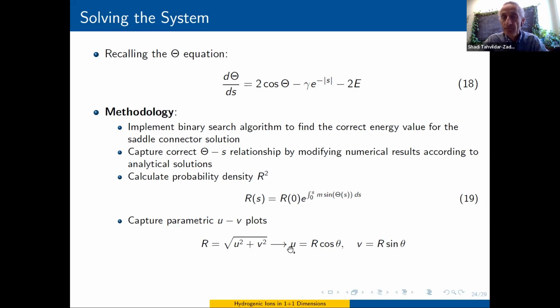So clearly, they would have to start at the origin, because as S goes to minus infinity, you want U and V to be 0. And also when S goes to infinity, you want U and V to be 0. This is because R is going to be 0, both at infinity and minus infinity.